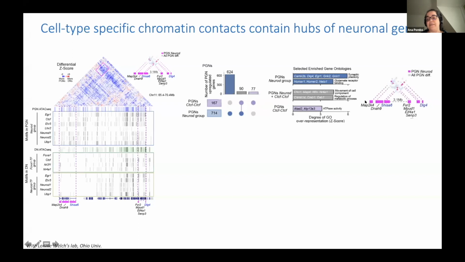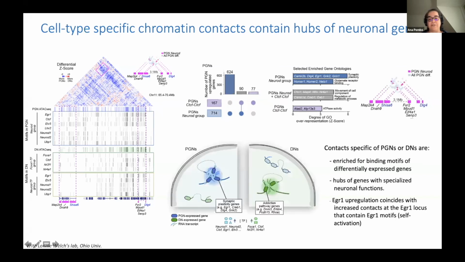And I should not finish without saying that these contacts extend very long distances. These are across, in this particular example, 3 megabase regions involving 2 upregulated genes in the PGNs, which establish a hub together with other neighboring genes that are not differentially expressed.